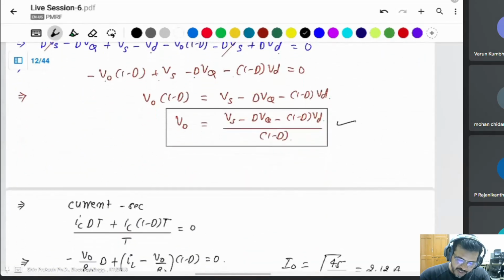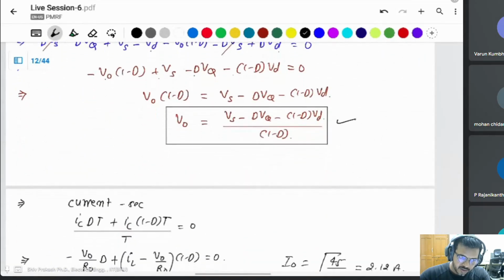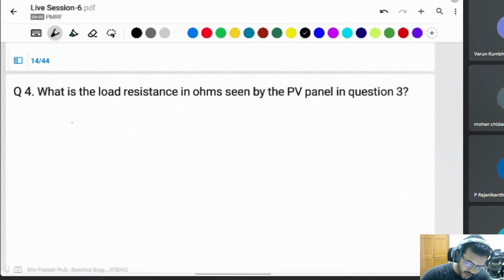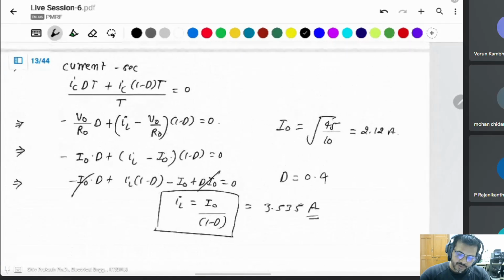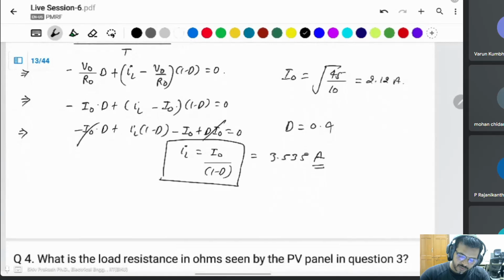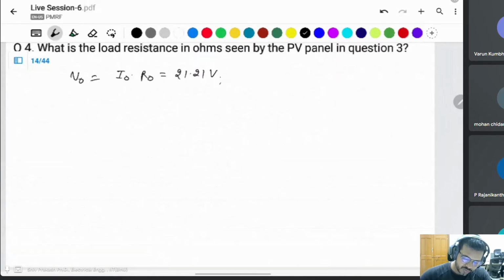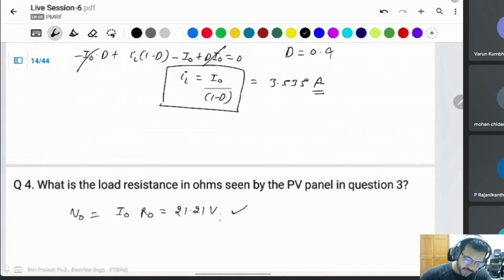Then how to find the Vs? First calculate the output voltage. Output voltage is I naught into R naught. Already calculated, I naught is 2.12, R naught is 10, then 21.2 volts output voltage.